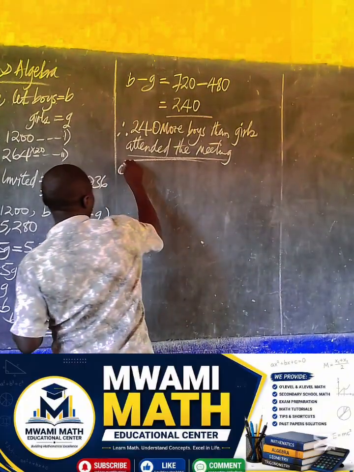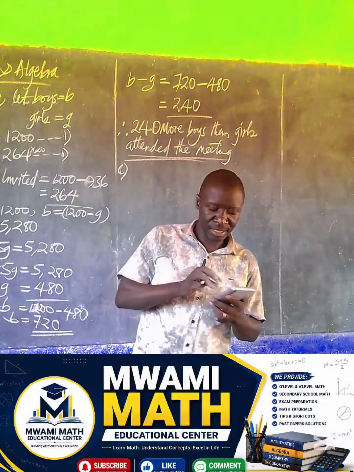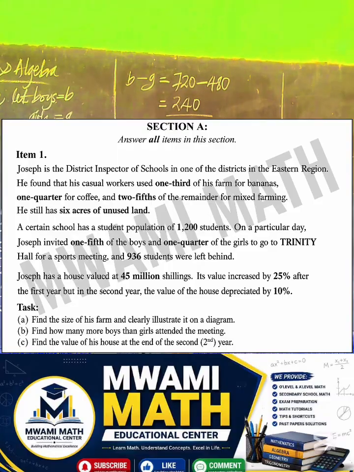And our part C scenario says, Joseph has a house valued at 45 million. Its value increased by 25% after the first year, but in the second year, the value of the house depreciated by 10%.